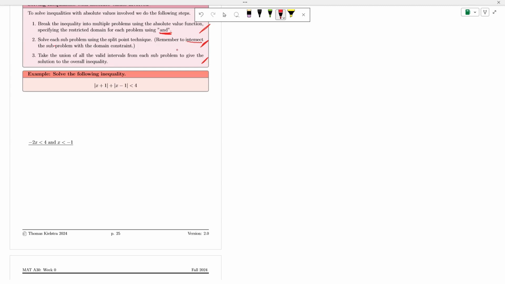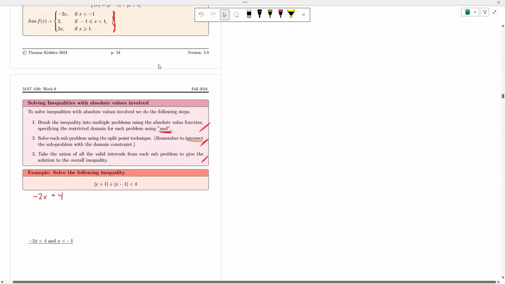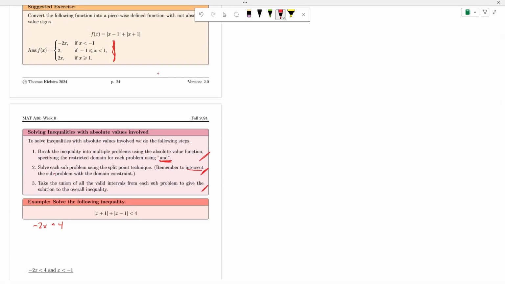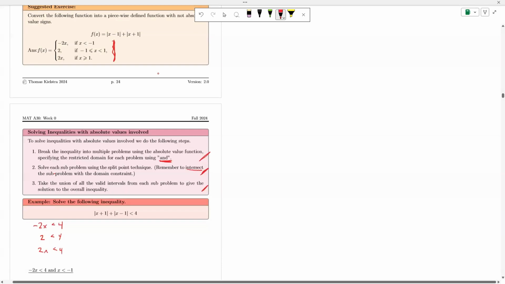We have -2x is less than 4, 2 is less than 4, and 2x is less than 4. But for these, we have to reference the domains. So here, -2x is less than 4 and x is less than -1. 2 is less than 4 and -1 is less than or equal to x, which is less than 1. And finally, 2x is less than 4 and x is greater than 1.